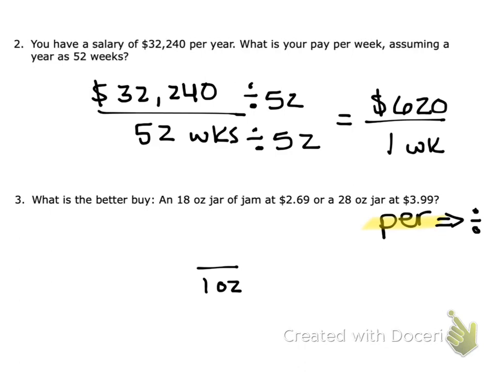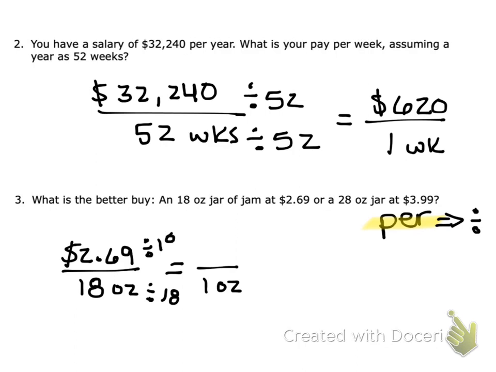Something per 1 ounce. So we are going to put our numerator as the money. So $2.69 over 18 ounces. We're going to divide top and bottom by 18.